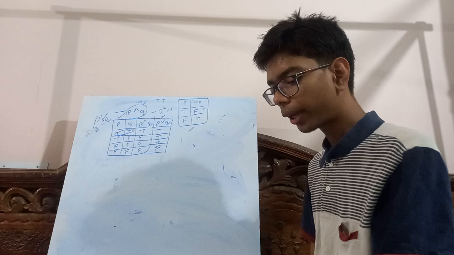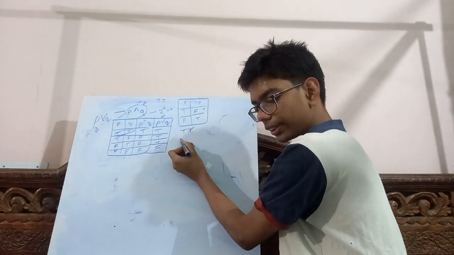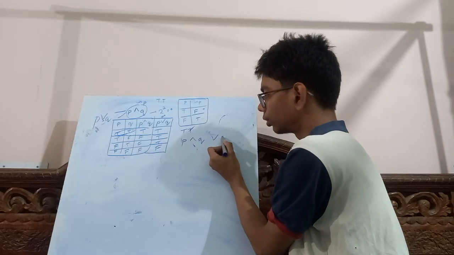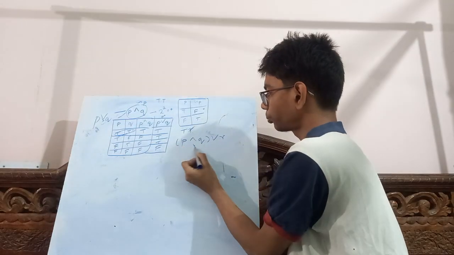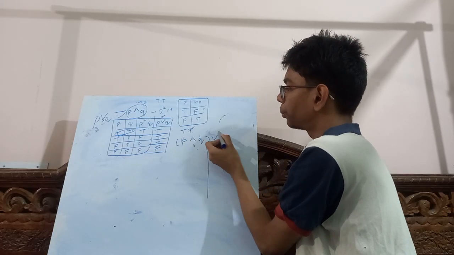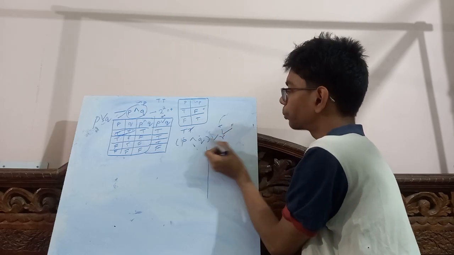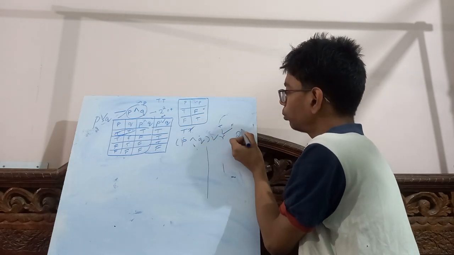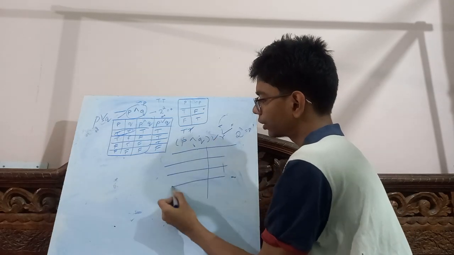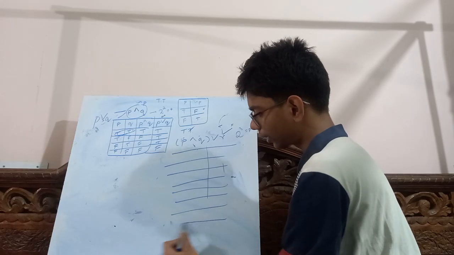Now let's have a practice question. I have to make a truth table for P and Q or R. So I have three propositions P, Q and R, and each can be either true or false. So the sample space will be 2 to the power 3, which is 8. So I will make 8 rows: 1, 2, 3, 4, 5, 6, 7, 8.